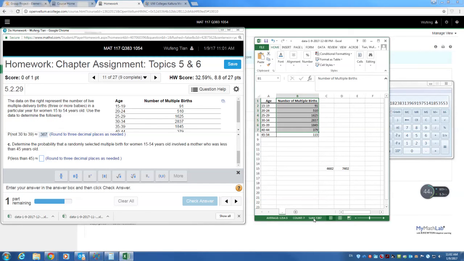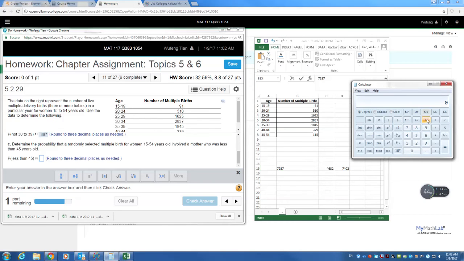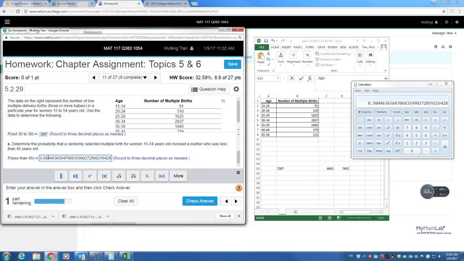You can see the sum here, 7287, divided by the total 7402, 0.984, three decimals.